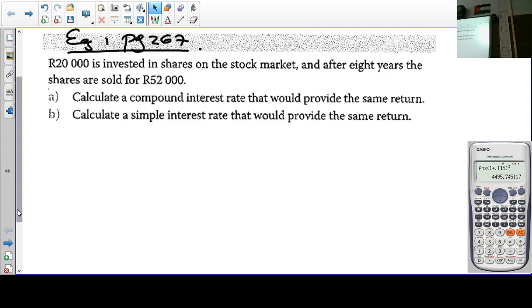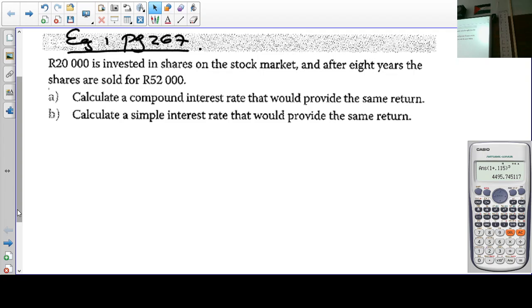After 8 years, what would that represent? The number of years, which is your n value. After 8 years, the shares are sold for 52,000. What does that value give you? Your amount, your A value.